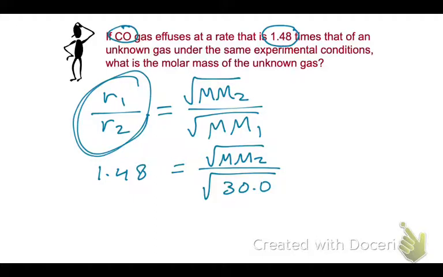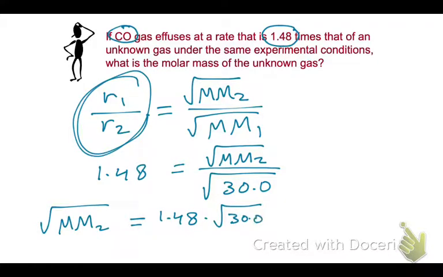So now let's do the math. The square root of my unknown equals 1.48 times the square root of 30. And that equals 8.11.